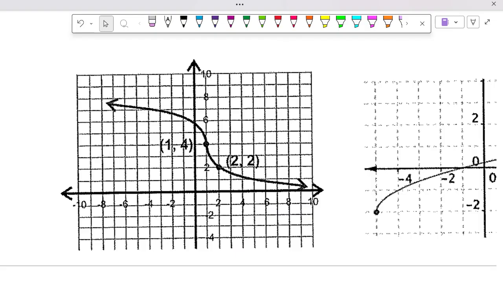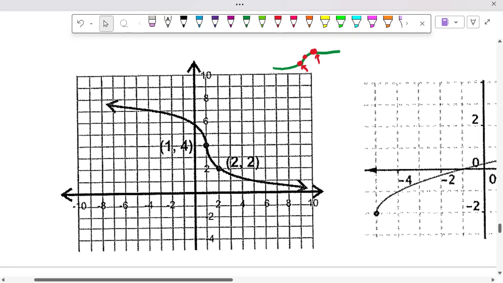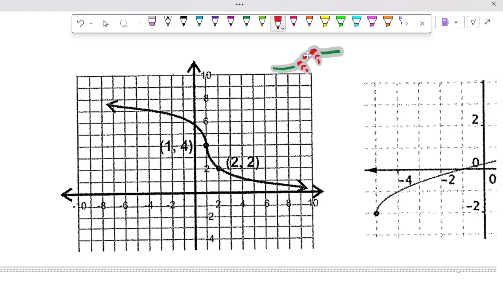But remember, with a cubic graph, there's usually 3 different points. The 2 points on the outside of those 3 points, within the little squiggle part, are right on the actual curve, where the middle almost looks like it's part of a linear function.